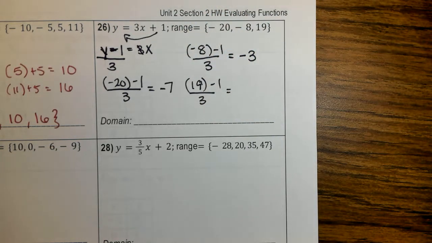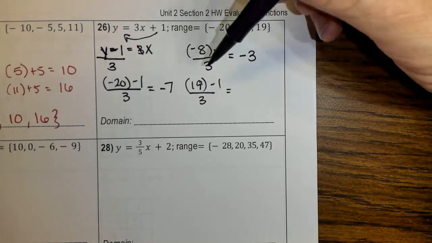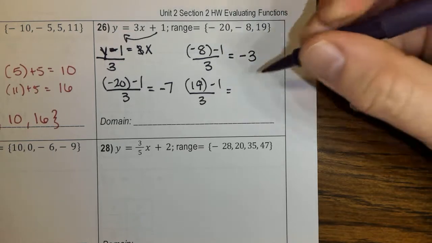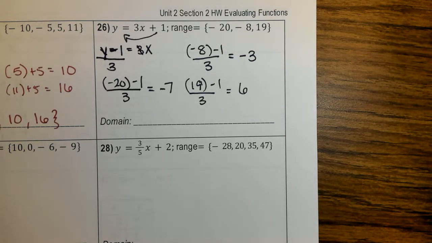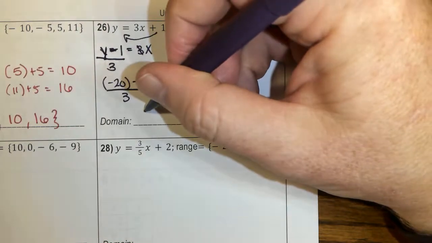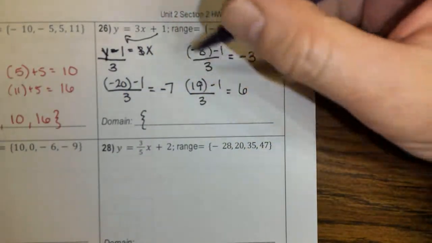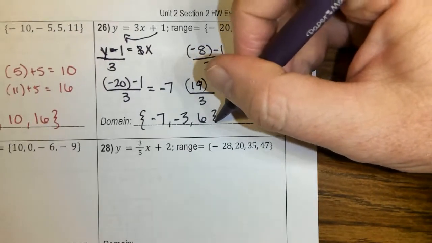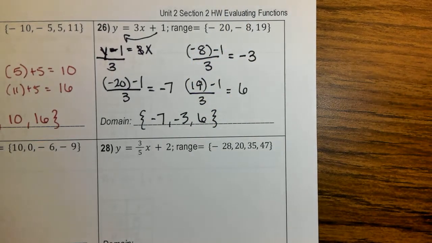This one might be easier to see or do without the calculator. 19 minus 1 is 18. 18 divided by 3 is 6. Okay, so then my domain, I'm going to write fancy brackets and then write those three numbers right here. And I'm done. That's it for 26.